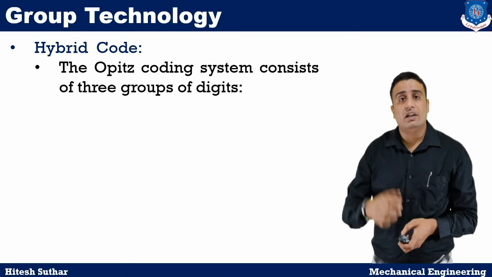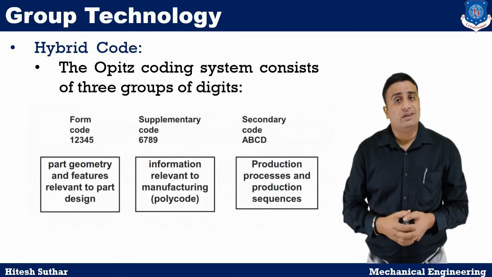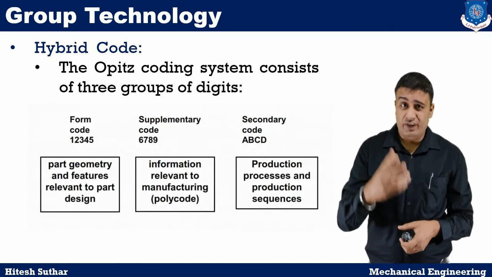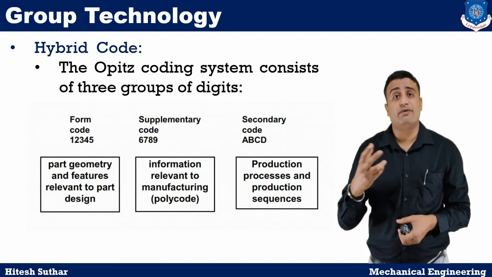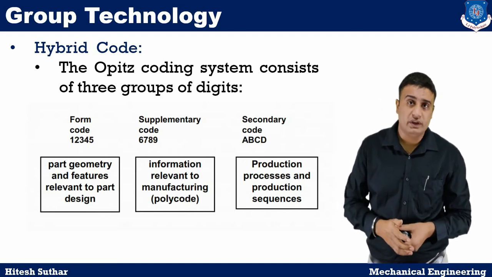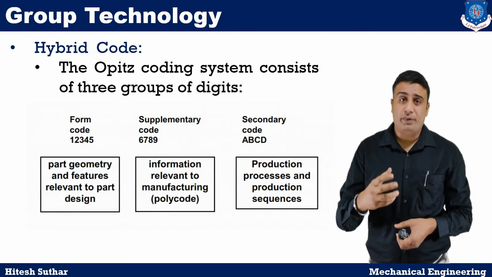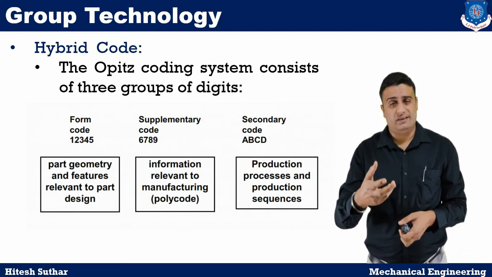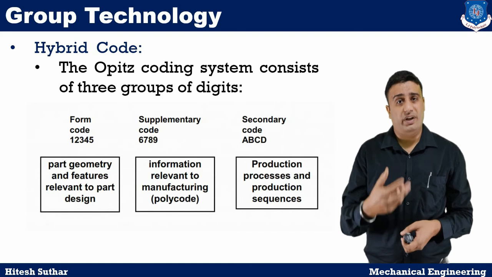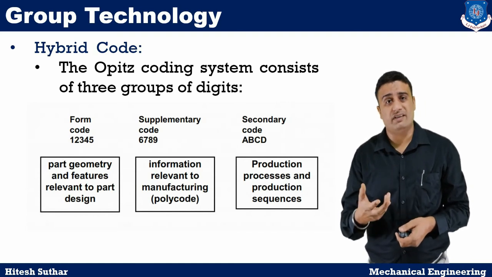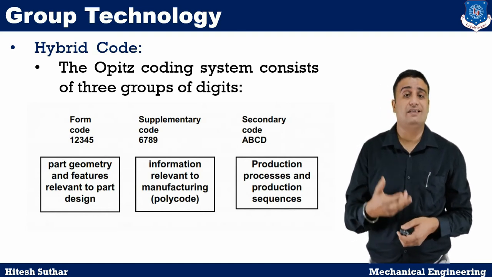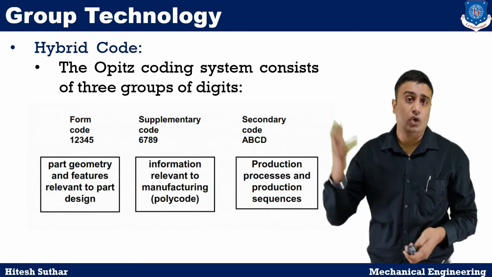As we see in the figure, the Opitz coding system consists of 3 groups. The first 5 digits, 1, 2, 3, 4, 5, are known as the form code, which describes the primary design attributes of parts, such as external shape, rotational versus rectangular, and machined features like holes, threads, gear teeth, and so on.